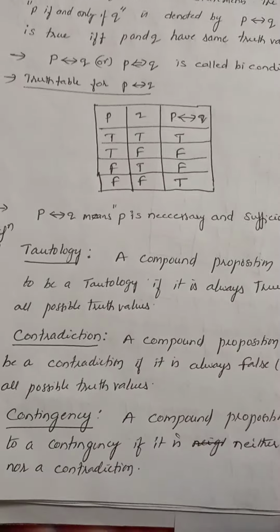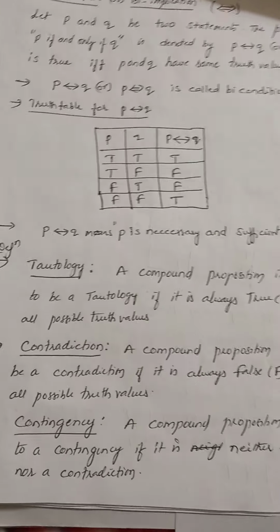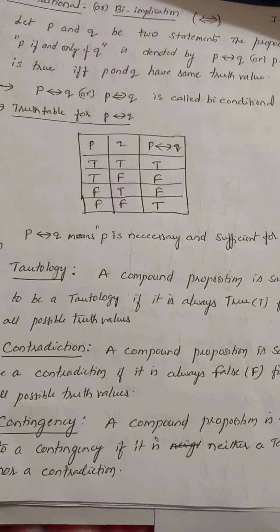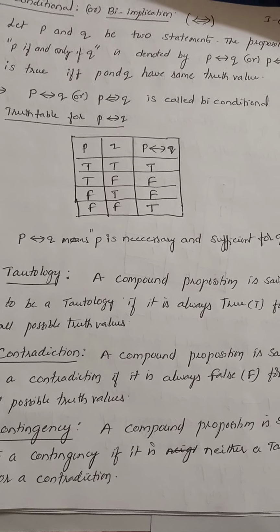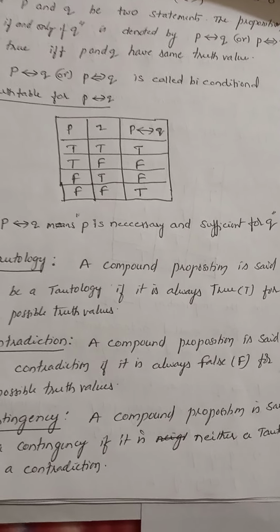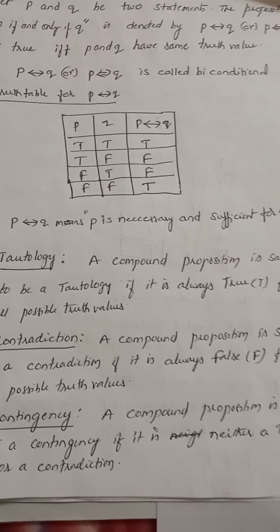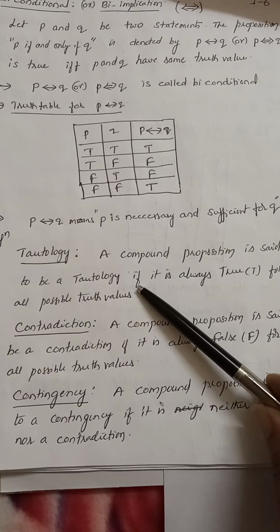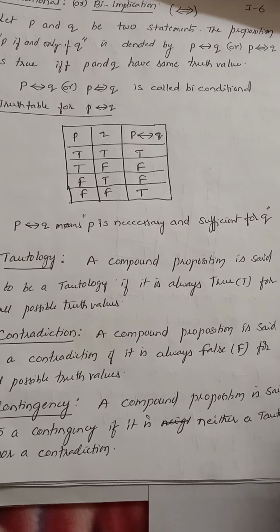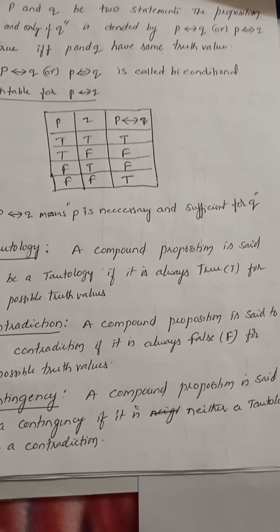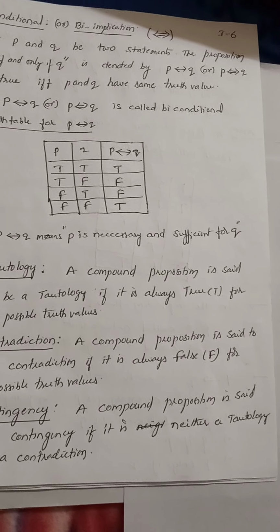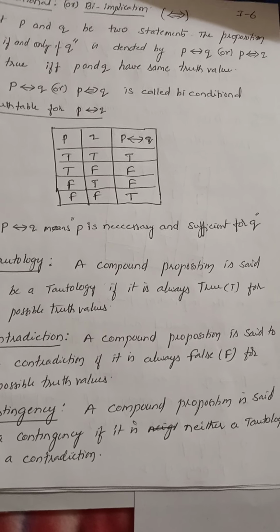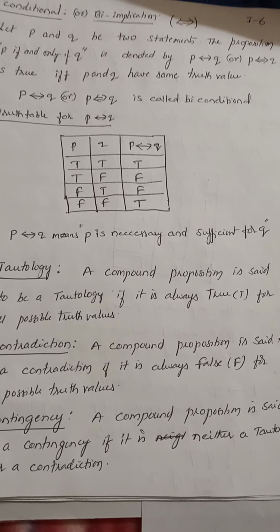Now next one, definitions. Tautology. What do you mean by a compound statement? Combining two or more simple statements is called a compound statement. A compound proposition is said to be a tautology if it is true for all possible truth values.